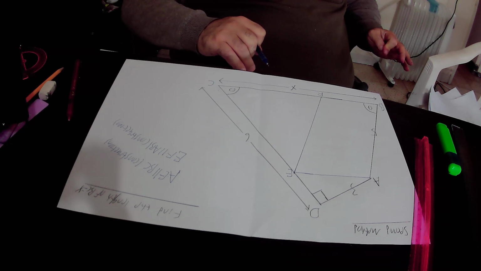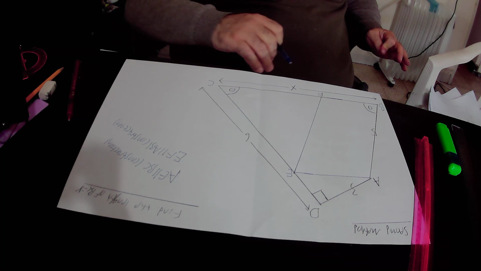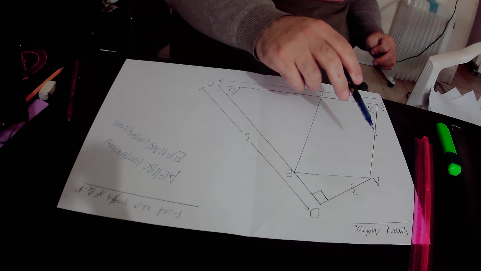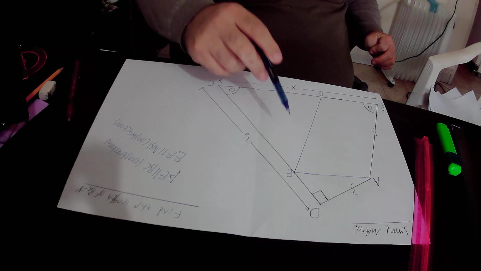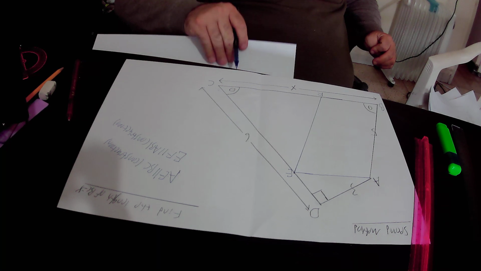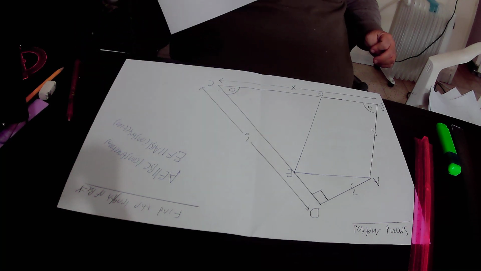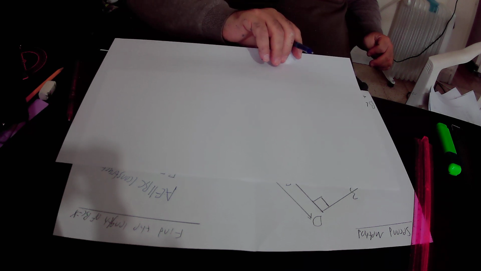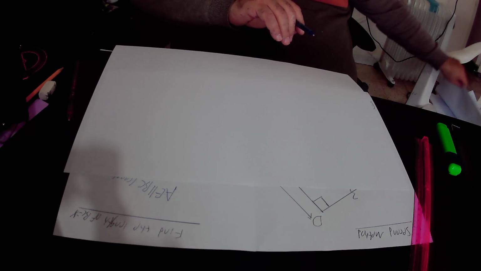So here we know that AB is parallel to EF. And we also have rule number 3.